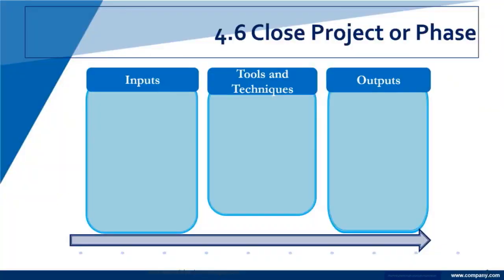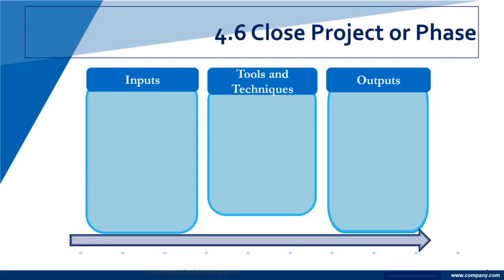And the last process that we're looking at in this knowledge area is closing the project or the phase. And we use phase here because sometimes projects are very large. The methodologies and the standards that we talk about are trying to incorporate every kind of project you could do, from the simple ones to the very long.